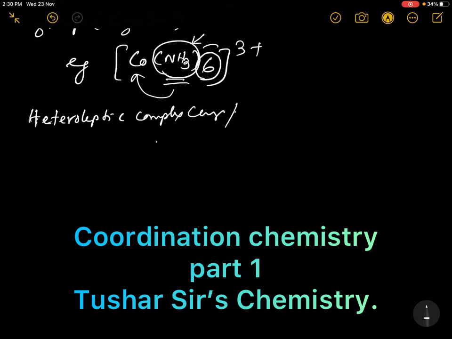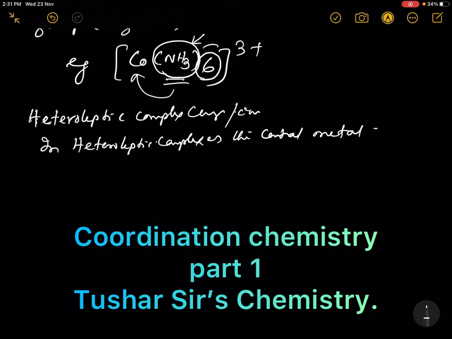In heteroleptic complexes, the central metal atom or ion is bound to more than one kind of donor groups.